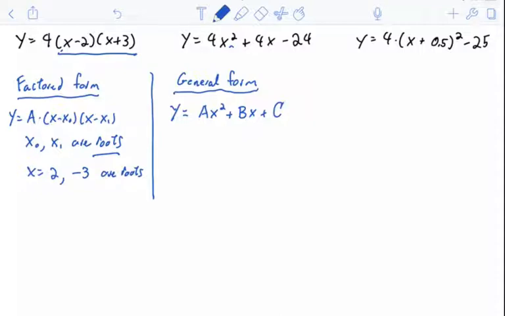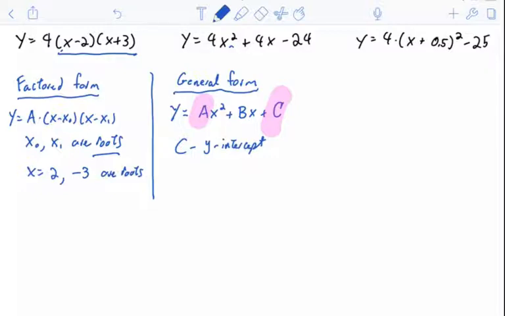Well, there are 2 specific numbers that really tell us information right off the bat. There's this number and this number. The value c, we'll get into this a little bit later on, is our y-intercept. It tells us where the graph of the function is going to cross the y-axis. Alternatively put, it tells us the output of the function when the input is equal to 0.